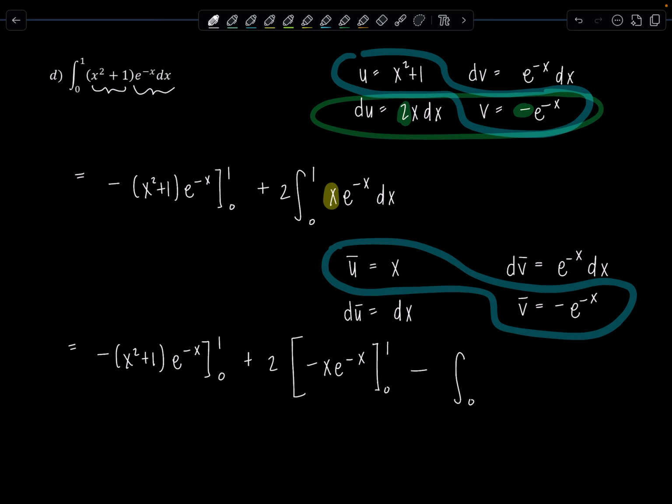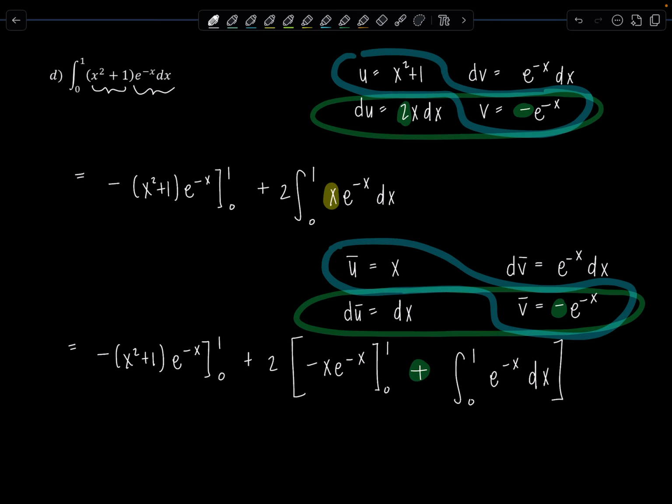Minus integral 0 to 1 of v bar du bar. Here's another minus sign, so let me change this guy to plus, and then it's just e to the negative x dx. Close this up. Okay. How are we?